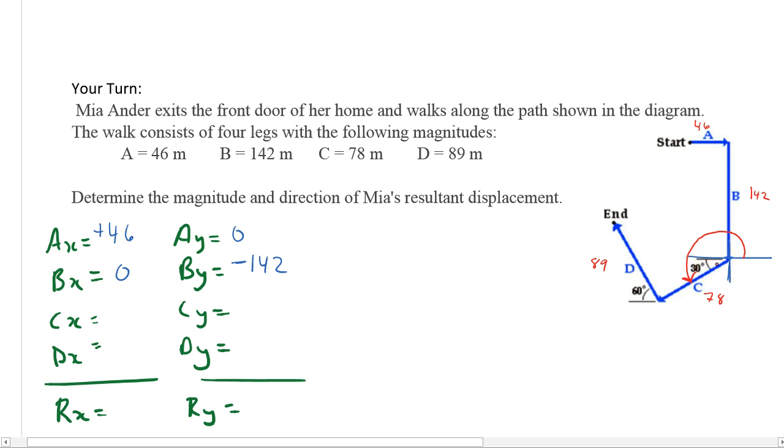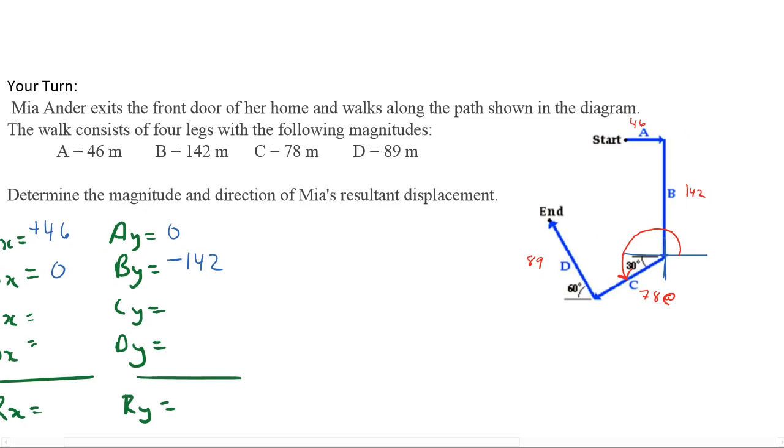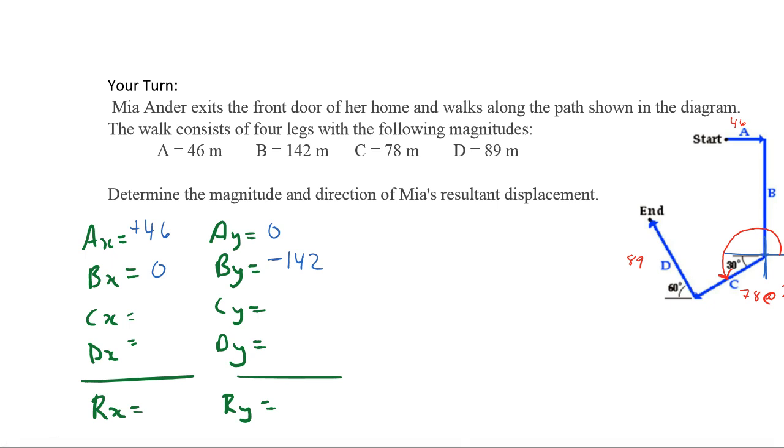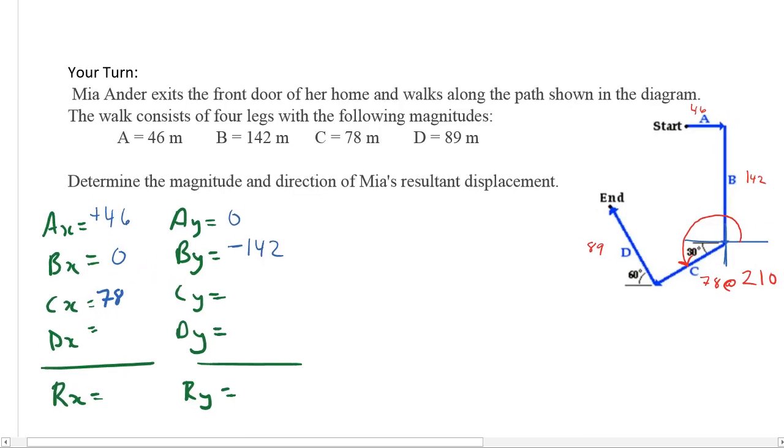So C would be 78 at what direction? That would be 180 plus 30, so that would be 210 degrees. So when I'm figuring out my x and my y components for that, it would be 78 times the cos of 210.